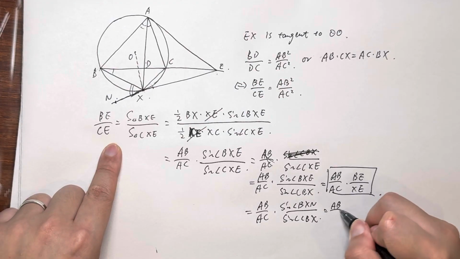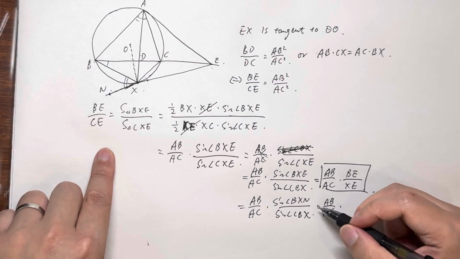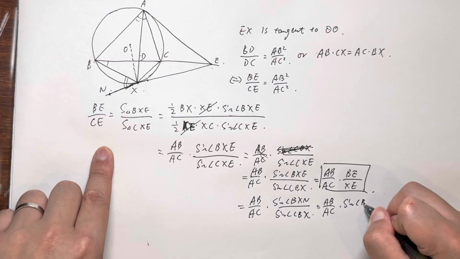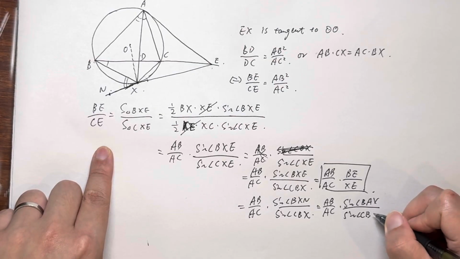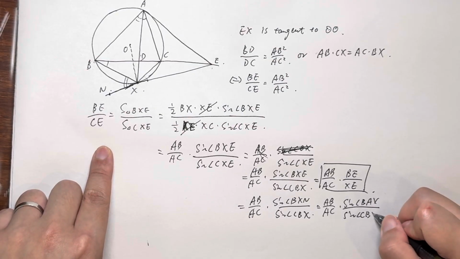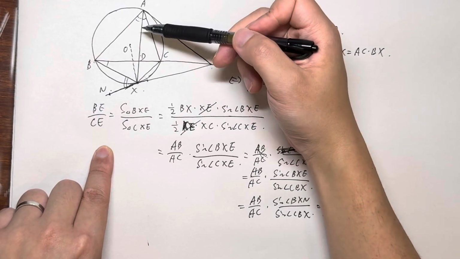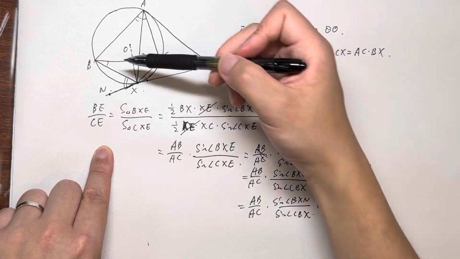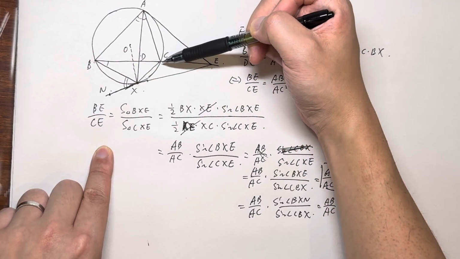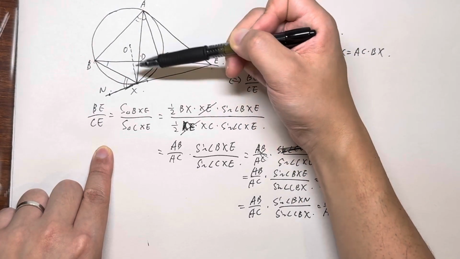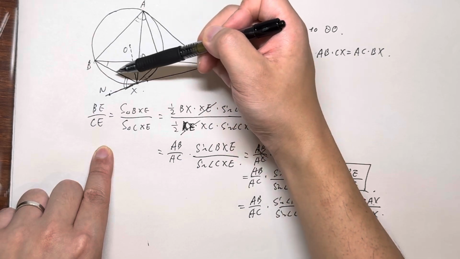So it equals AB to AC times sine angle BAX to sine angle CBX, right?